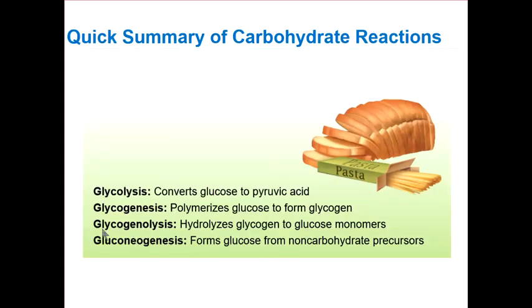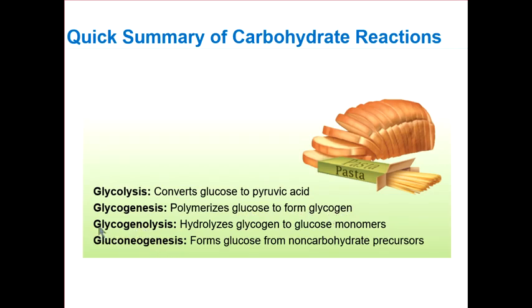So an excellent summary right here: glycolysis, glucose to pyruvic acid, breaking it down in the cytosol of our cells. Glycogenesis polymerizes the monosaccharide glucose to the polysaccharide glycogen for storage.